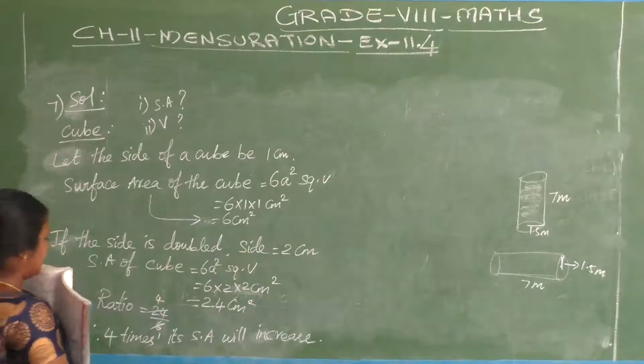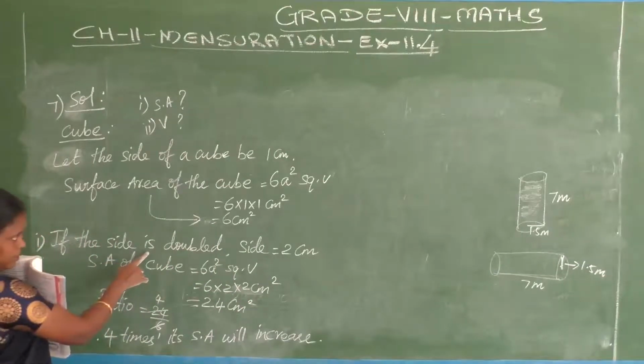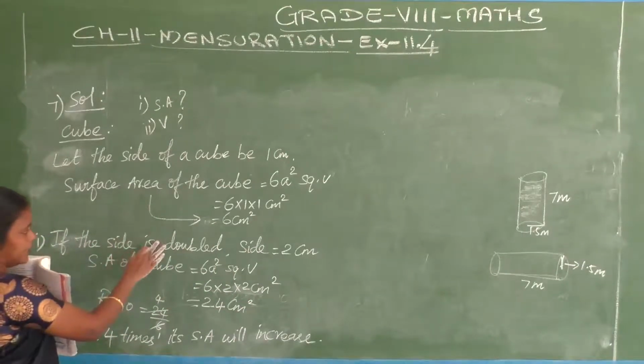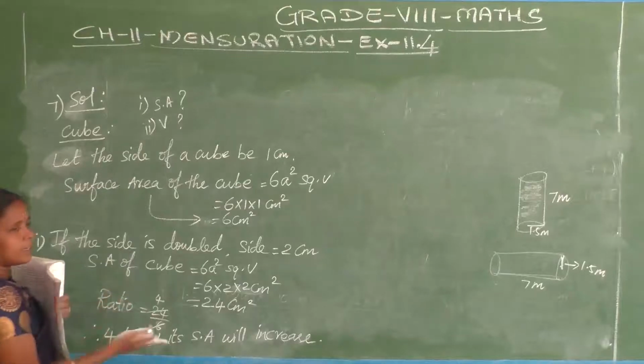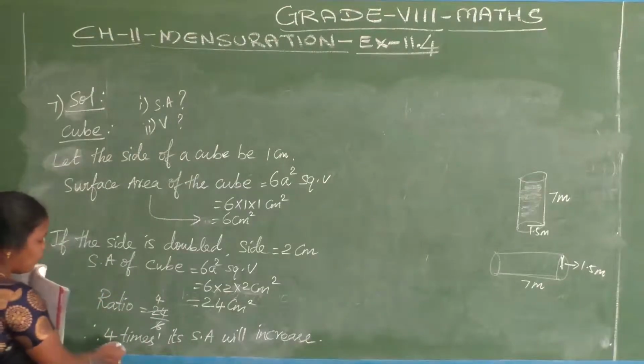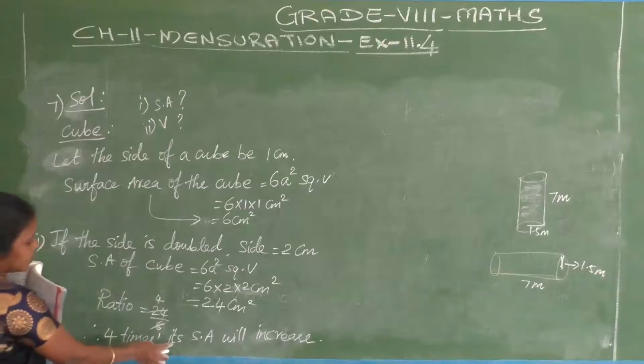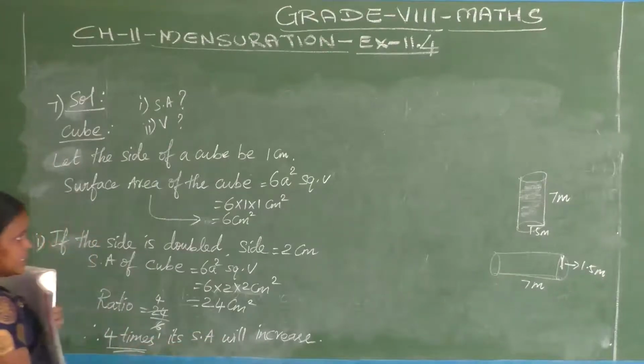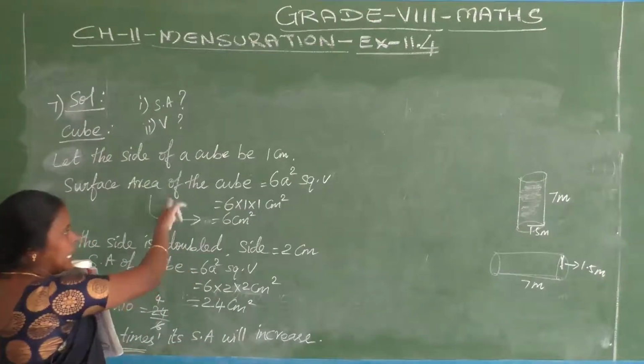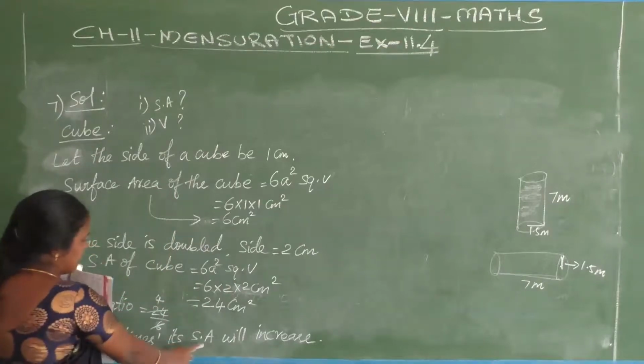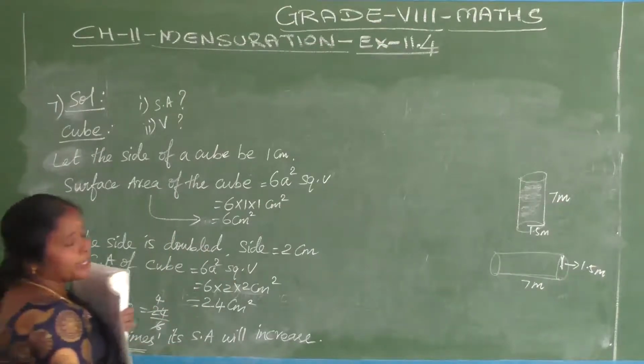Understood or not? After doubling the side, how many times will its surface area increase? The answer is 4 times comparing the original.